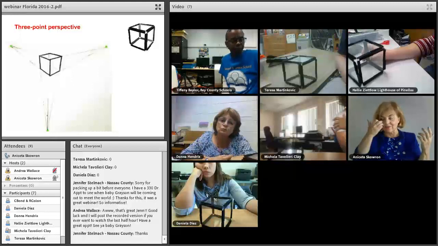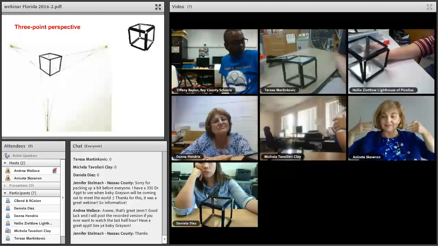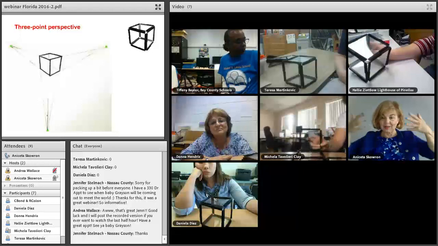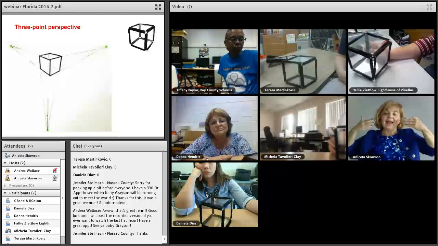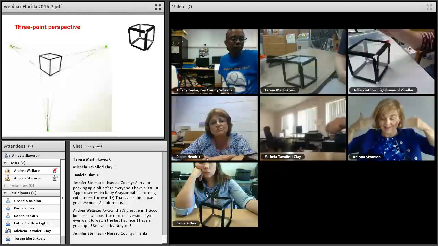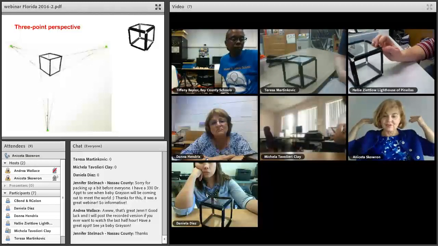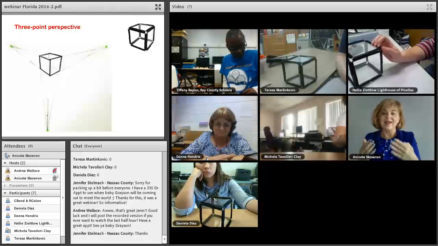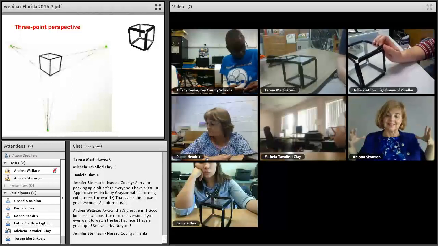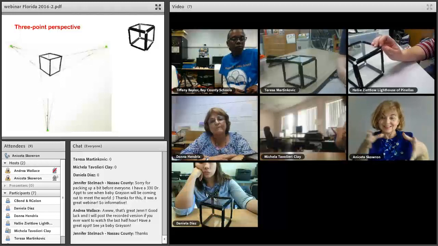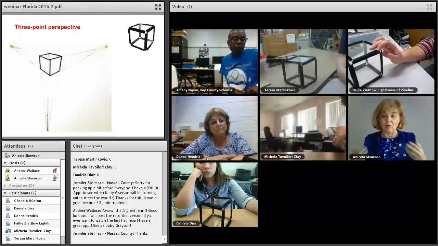This comes from the fact that our retinas are flat. And all the pictures come onto our retina and make a flat impression. And then it goes back to the visual cortex, and the visual cortex actually interprets those images, puts them back together, and we quickly realize that it's 3D from those subtle cues of perspective.